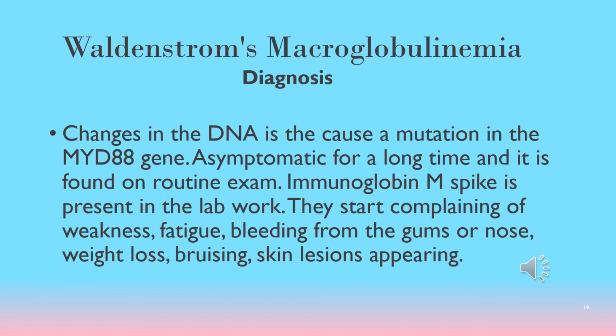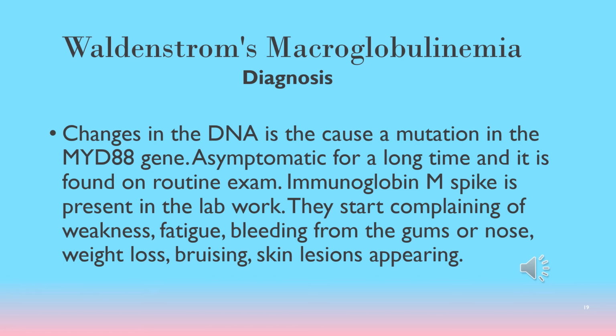Now, they start complaining of weakness, fatigue, bleeding from the gums or the nose, unexplained weight loss, bruising, and skin lesions. So some of those are the same as with the regular amyloidosis, but not all of them.